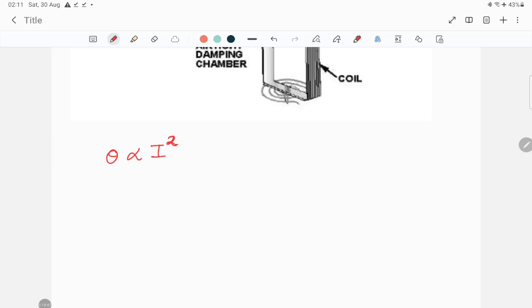It is the instantaneous value. Right now, if I equals Ip sine omega t, then I square will be Ip square sine square omega t.